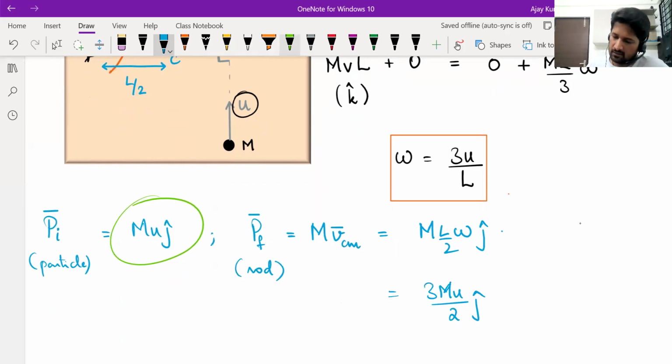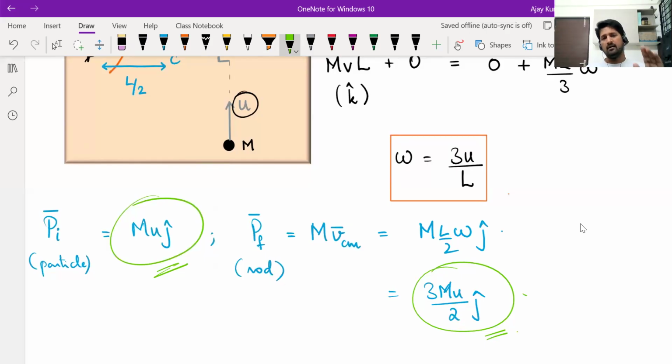Interesting. Initial momentum before collision of the rod plus particle system was mu j cap. Final momentum, meaning momentum after collision, is 3mu by 2 j cap. Look at these values and Yusuf, tell me, has the momentum increased or decreased?